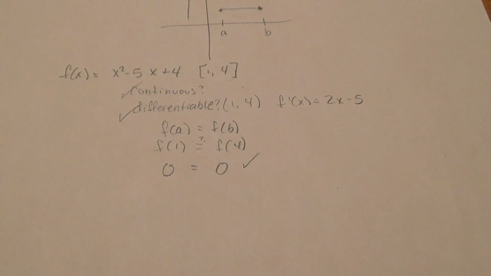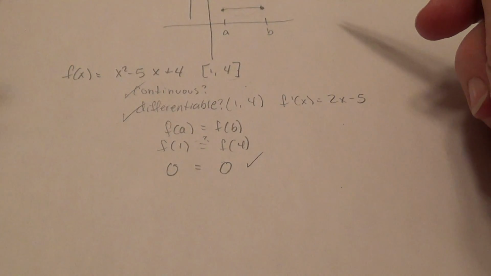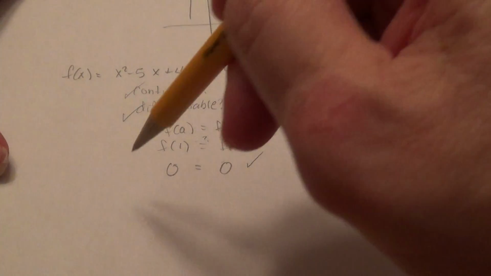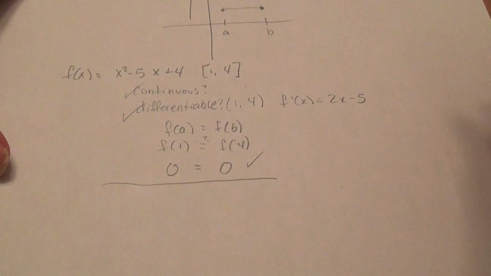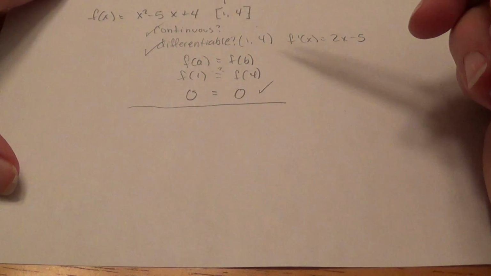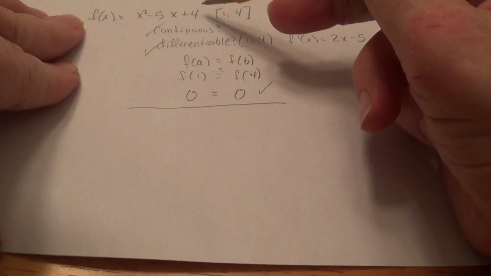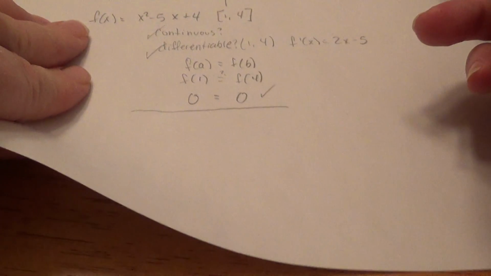He guarantees it, but he does not tell you what it is or how to get it. However, we have a brain, so we're able to do that. So let's go beyond what Rolle guarantees. Now we'll find it.